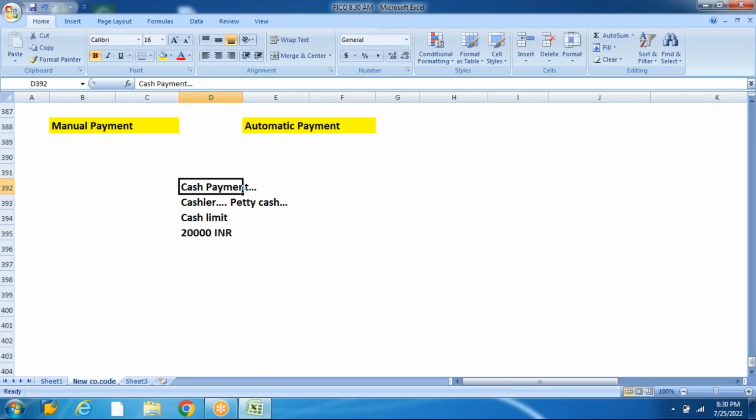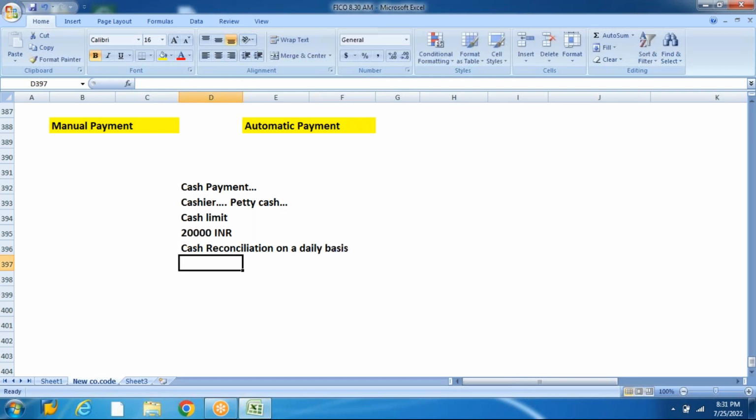So you will have cash payment, you have a cashier, you will have petty cash maintained by the cashier, and this petty cash will have a cash limit, assuming any amount. And this cash requires reconciliation on a daily basis.